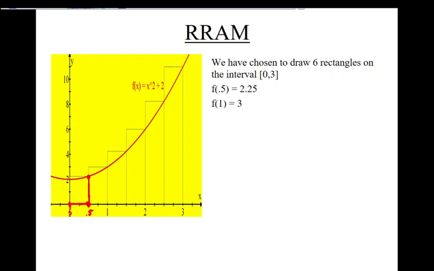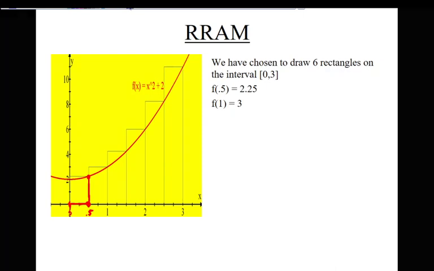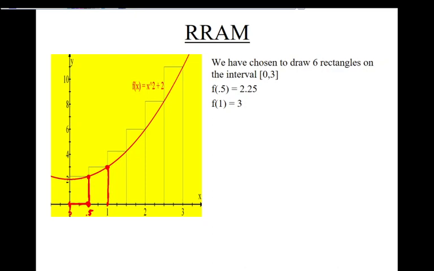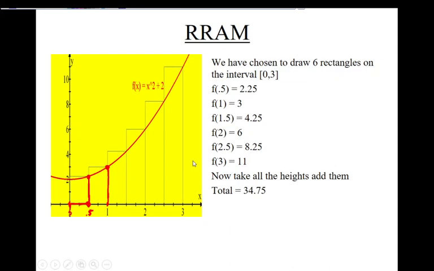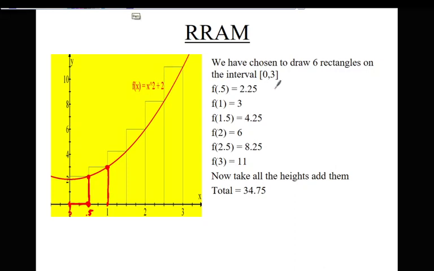Then for the next one, I find the height at 1, because this height right here is the y value at 1. And I keep going through and find the heights of all of these rectangles. Okay, so my first rectangle has a height of 2.25, and then the second one is 3. So these are all the heights of them.